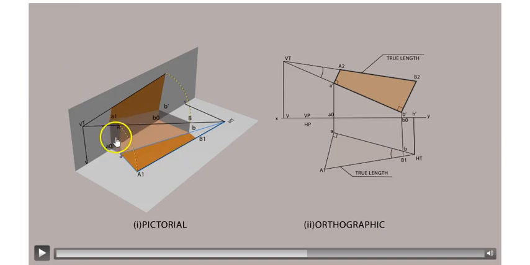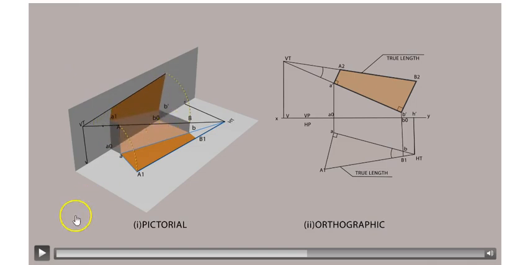This particular distance is nothing but the projection of this distance. Similarly, this small distance again will be equal to this distance, and for the other case it will be vice versa. This distance again should be equal to this distance, and this distance again should be equal to this distance, by looking at the distances.